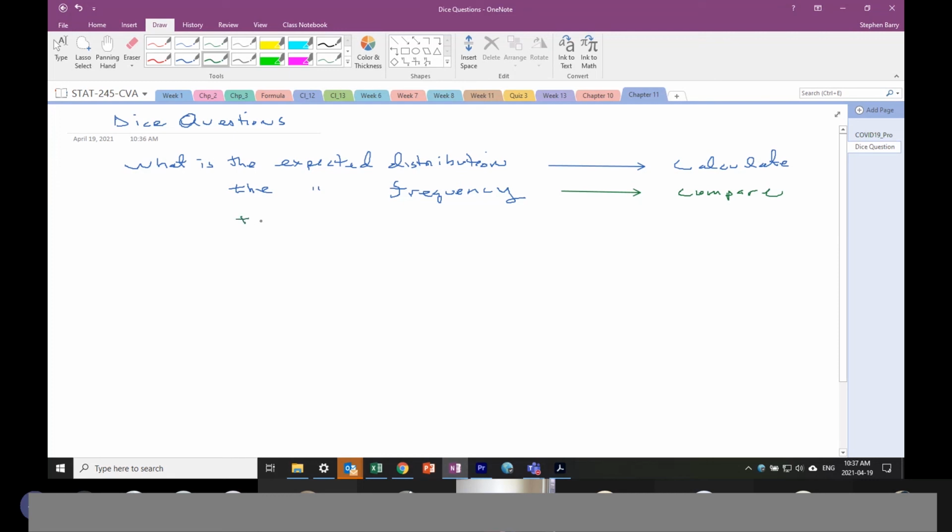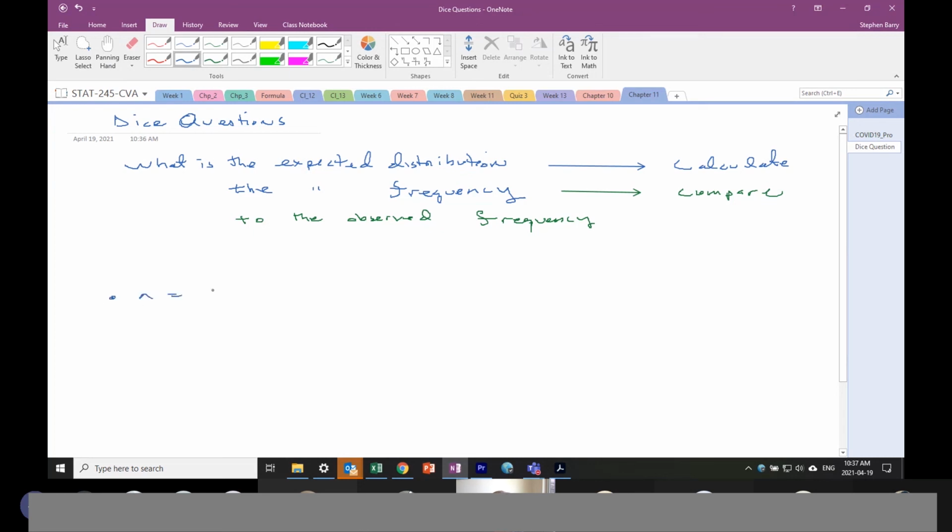You compare it to the observed frequency, and this gives you your test score when you do that equation. So in this case, with the dice questions, what would you expect if I roll a dice 30 times?